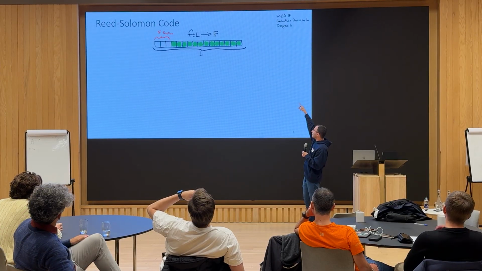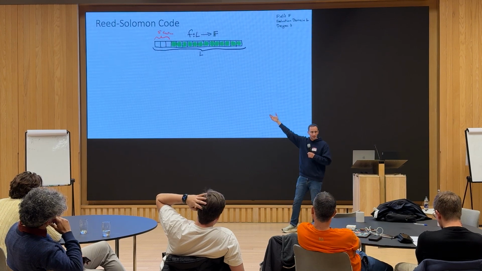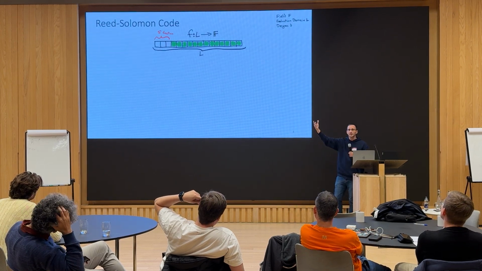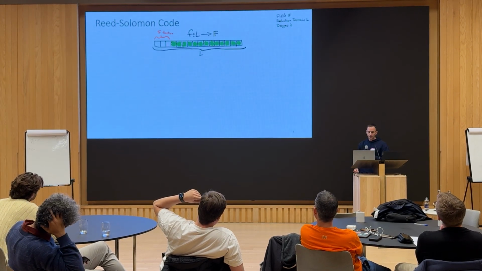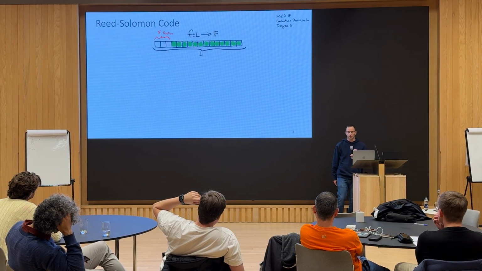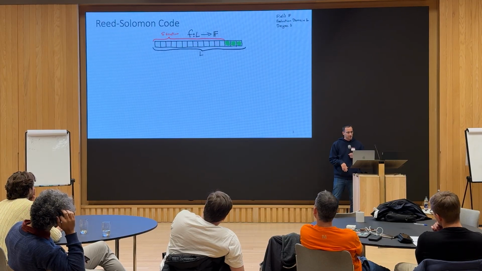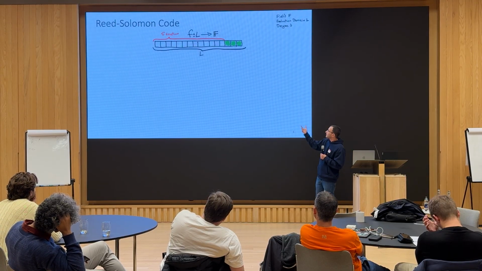For example, here the green part agrees with some polynomial and the non-green part does not. This delta is the distance from the code, and in general the distance is the distance to the closest polynomial. So the distance could be small or big.